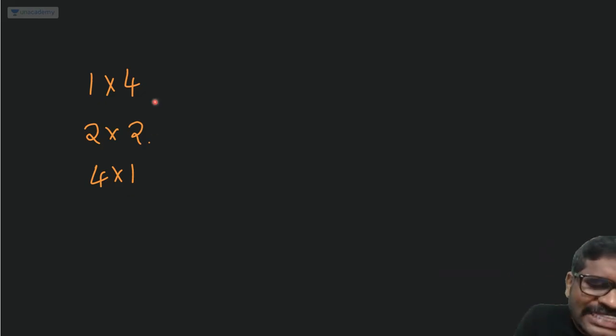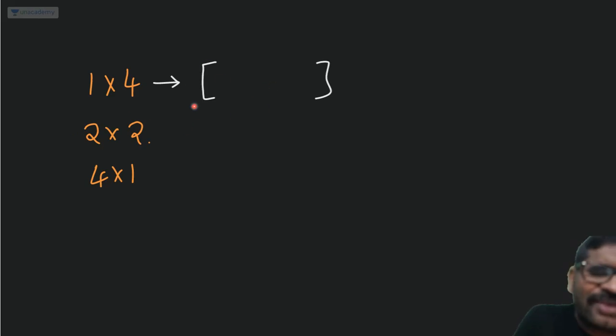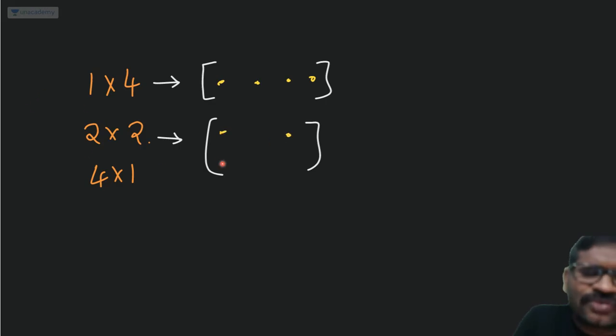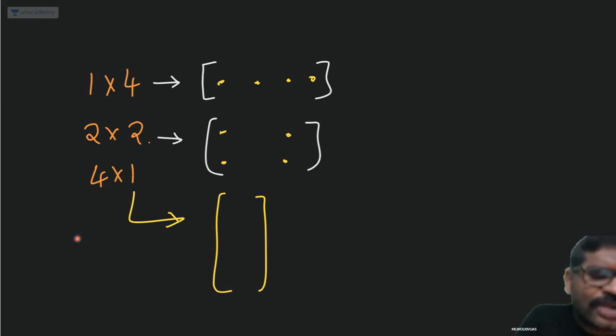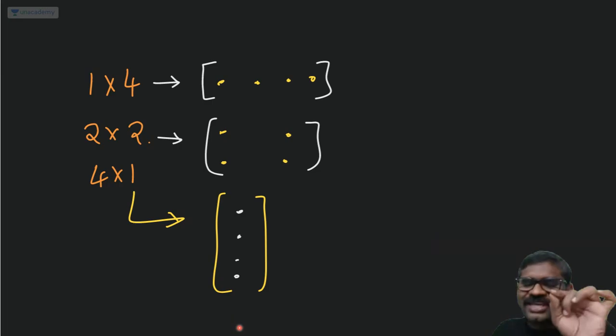In each type, in 1 cross 4, you have 1 row and 4 columns. In a 2 cross 2 matrix, you have 2 rows and 2 columns, so 4 entries. In a 4 cross 1 matrix, you have 4 rows and 1 column, so you have 4 blank places. So the logic is, whether rows or columns doesn't matter.